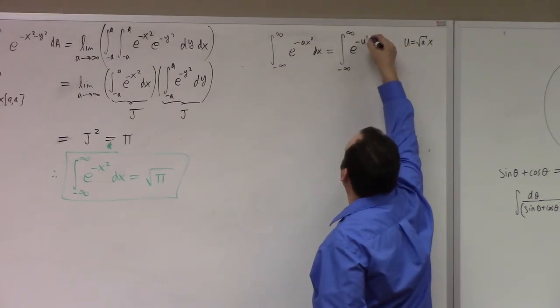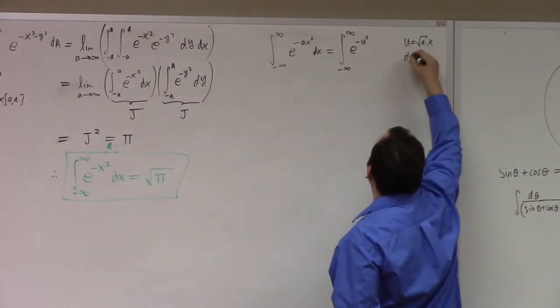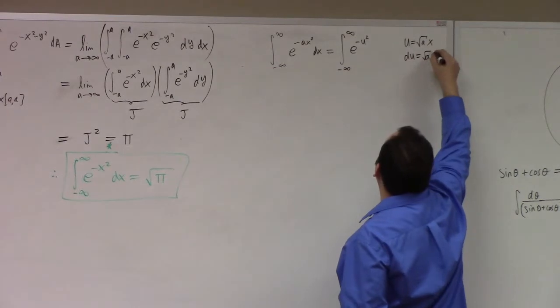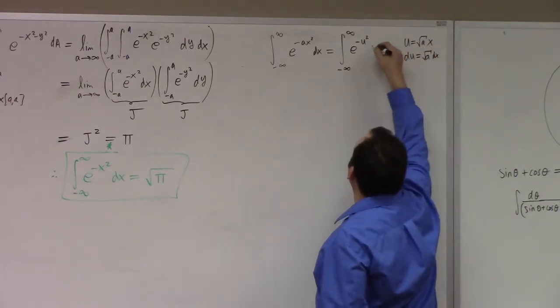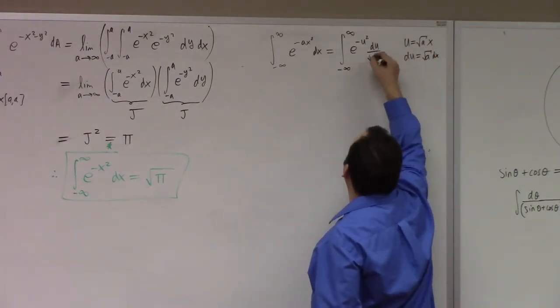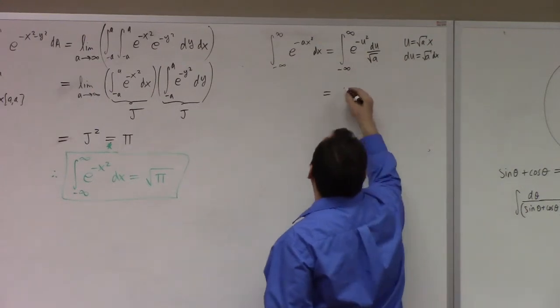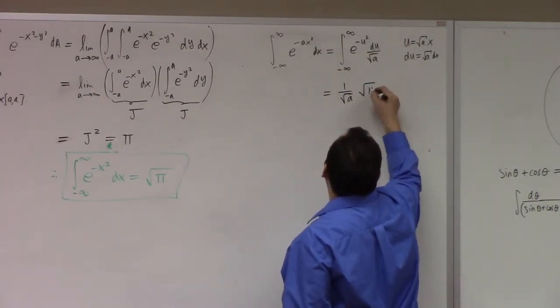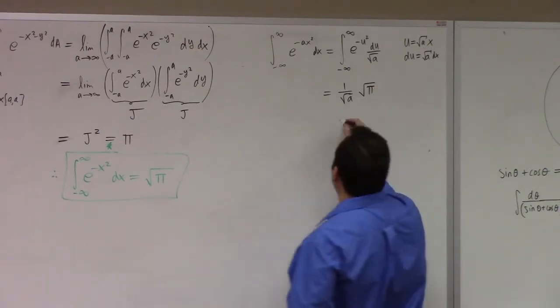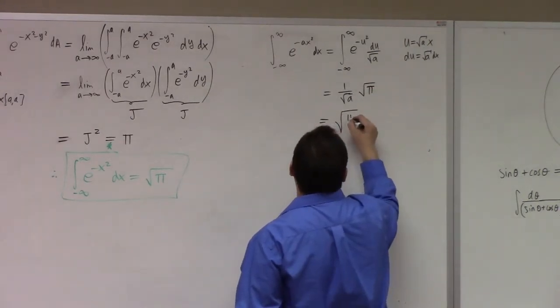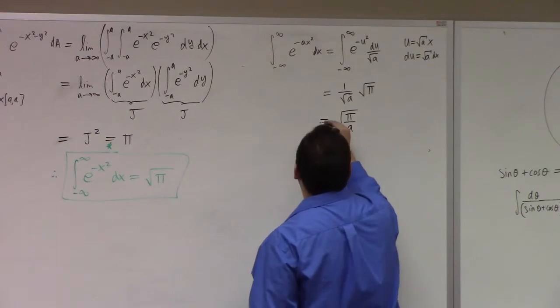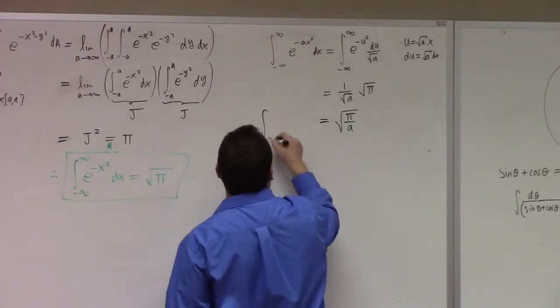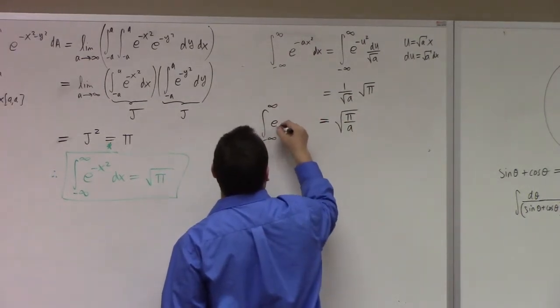And du is square root of a dx, so I have du over the square root of a. That's 1 over the square root of a times the square root of pi, by what we just did. So the answer is the square root of pi over a, by this simple u substitution argument.